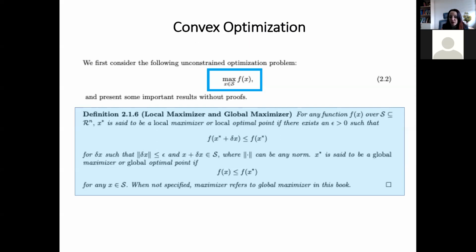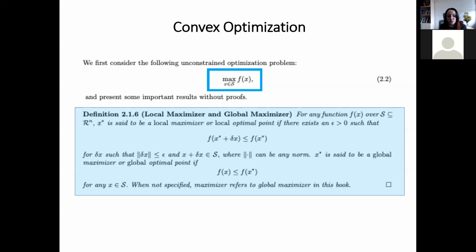Now, if x star is a global maximizer, then this will have to hold for any displacement, any amount of displacement.